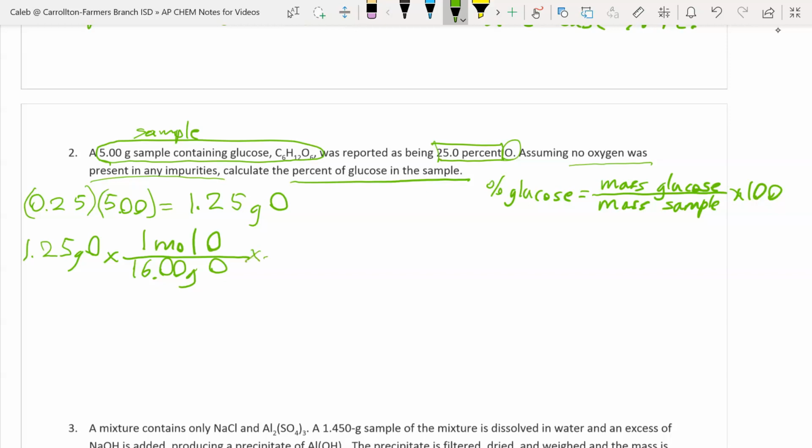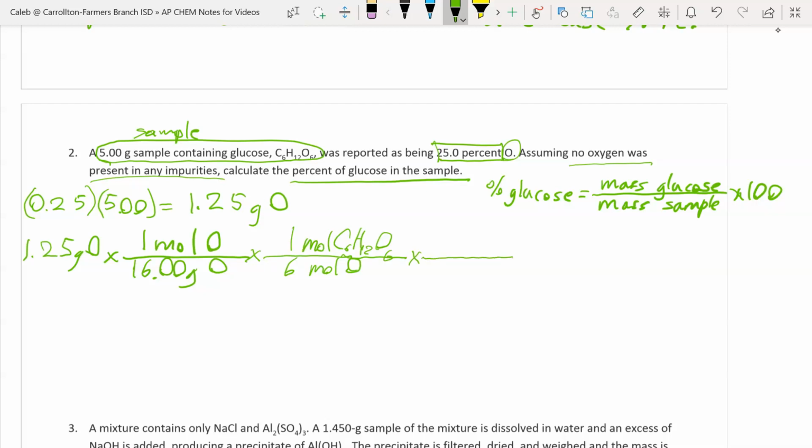So we're going to go how many moles of oxygen there are in a mole of glucose, C6H12O6. Well, I hope you can see that we've got a subscript of 6 on the oxygen, so there are 6 moles of oxygen in 1 mole of glucose. Okay, that gets us that far.